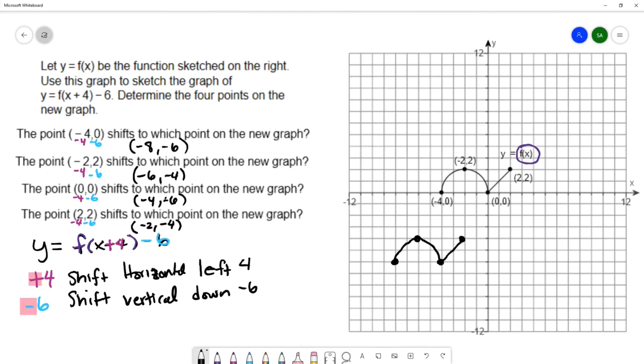So we've been able to take our graph and shift all of the points to the left 4 and down 6.